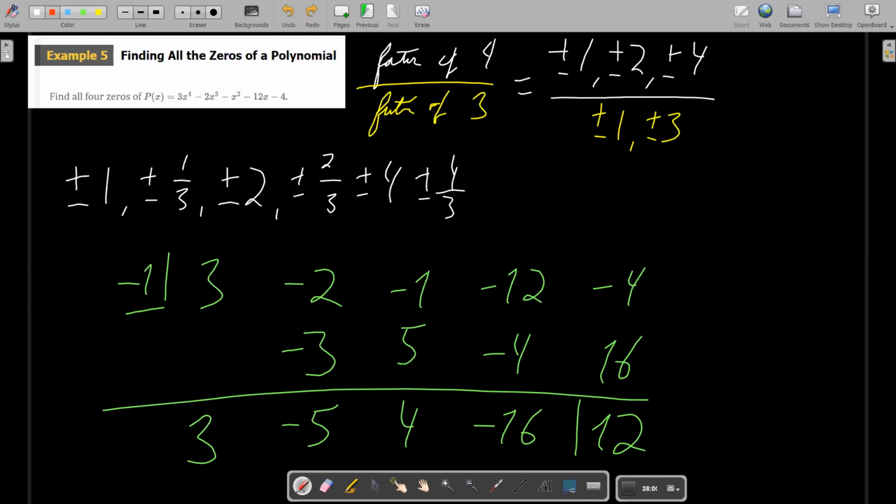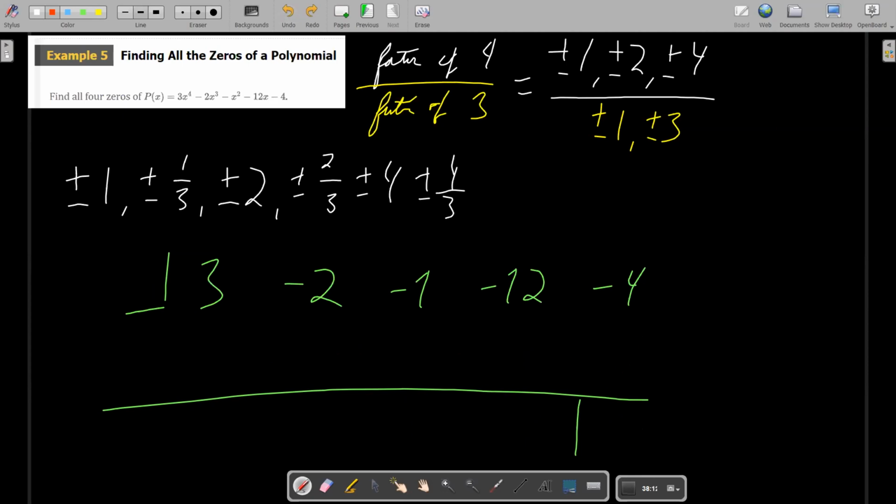Since -1 is a lower bound, I can essentially mark out, and let me go ahead and erase this real quick before I mark some more. Since -1 is a lower bound, I know that -2 will not work. I know that -4 will not work, and I know that -4/3 will not work.